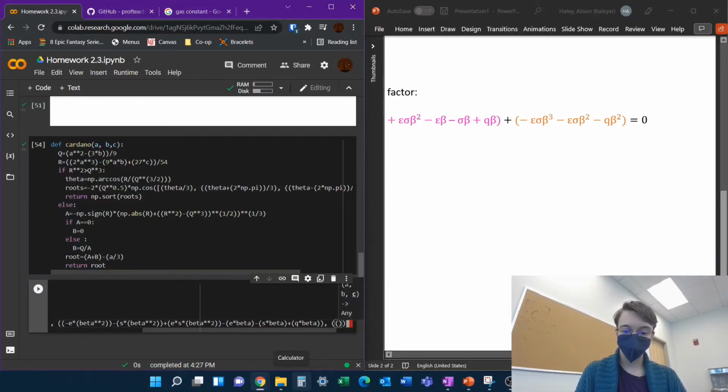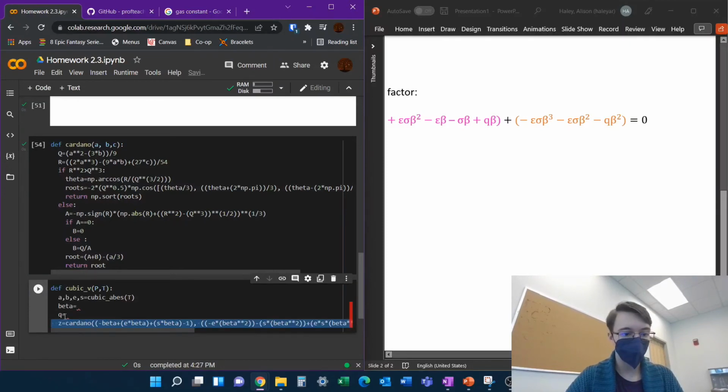So now we've got negative epsilon times sigma times beta cubed, and then that's minus epsilon times sigma times beta squared, and then we'll have minus q times beta squared. Alright, so there we've got our A, B, and C's input into there.